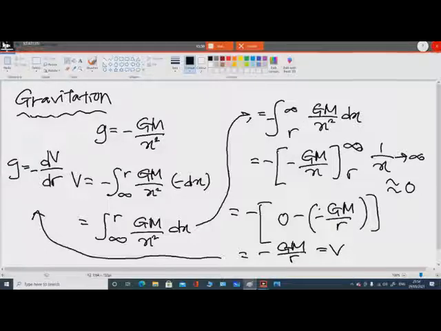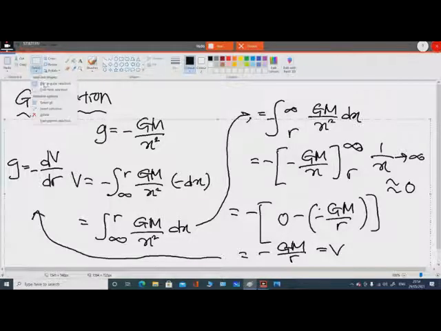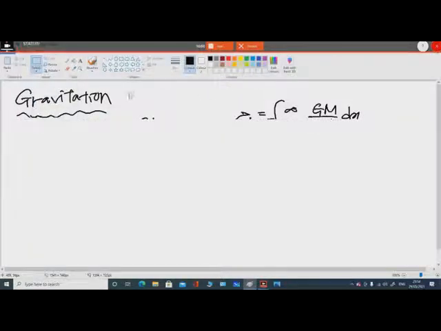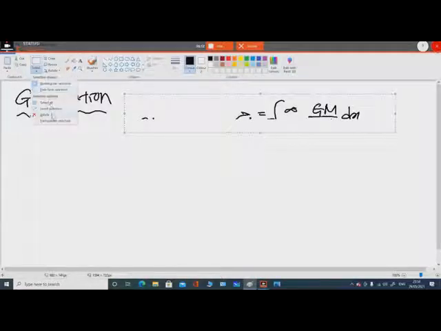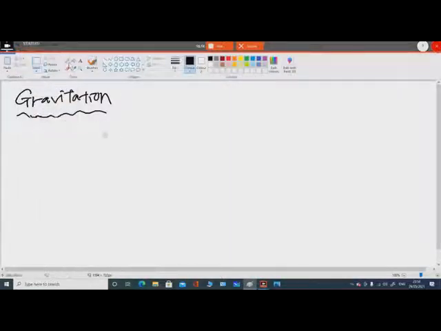Let me erase this one and remove this one as well. Alright, so what is the variation between V and r?